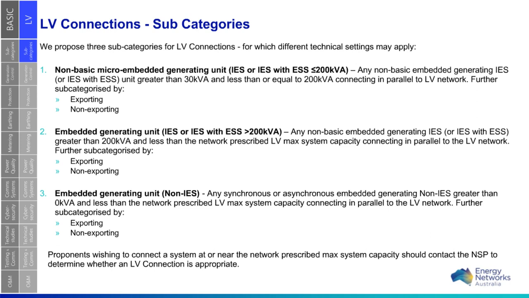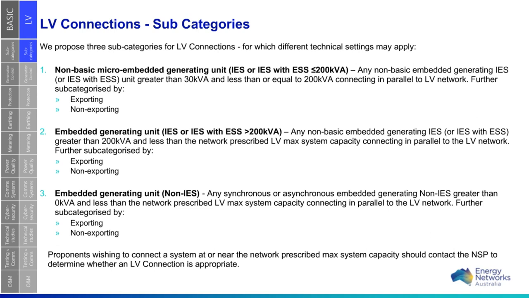The second subcategory is related to non-basic IES or IES with ESS greater than 200 kilowatts up to the network prescribed LV maximum system capacity. And that's also further categorized by exporting or non-exporting systems.